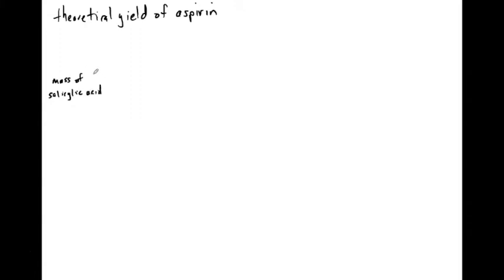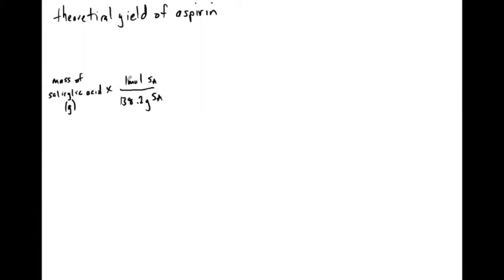Alright, and that would be in grams, so we need to convert that to moles. And we were told that 1 mole of salicylic acid has a mass of 138.2 grams. So we use that, I'm going to write that as salicylic acid, SA.